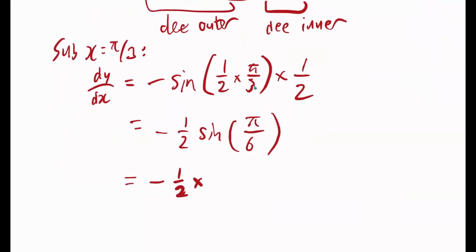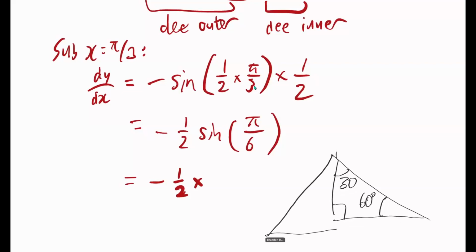Sine 30. Other way around, 60 and 30, because equilateral, cut in half. So 2, 1, square root 3.